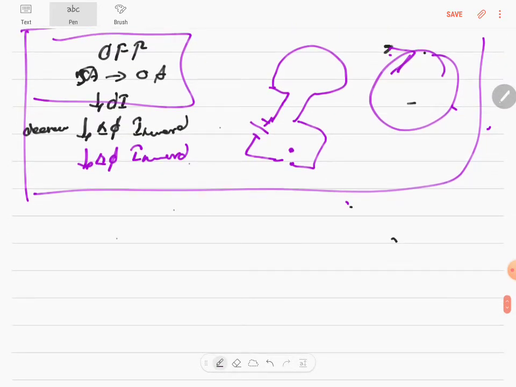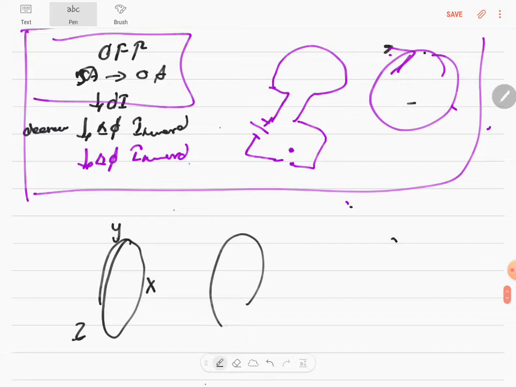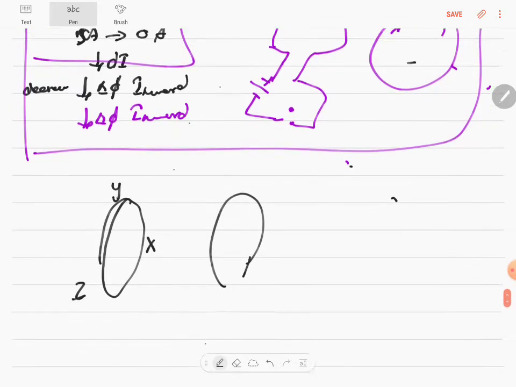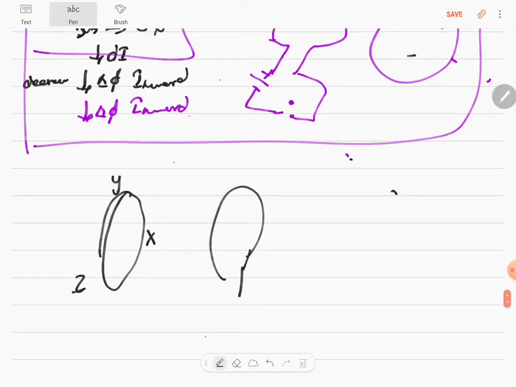The next question is you have a coil like this. Again, it's a three-dimensional view: X, Y, Z, and there's a coil here, which is connected on this side to a battery and a variable rheostat.